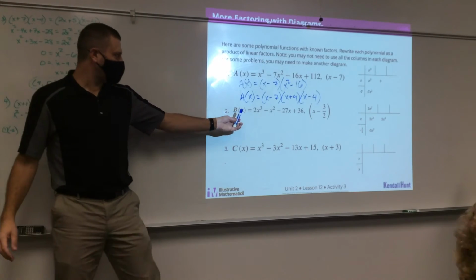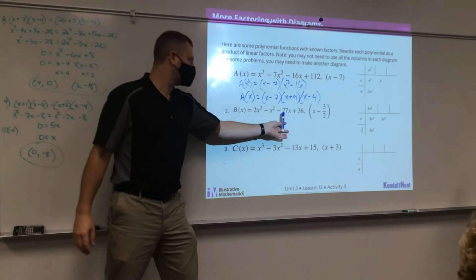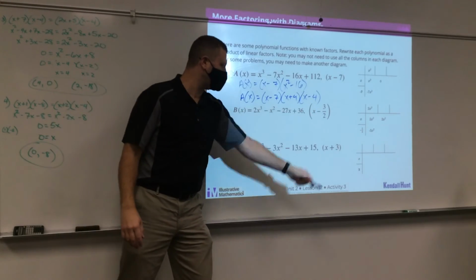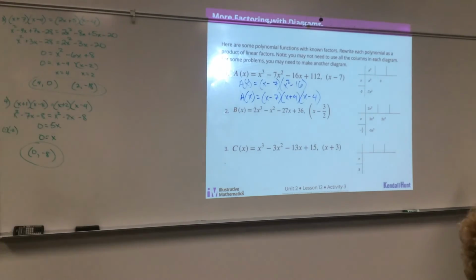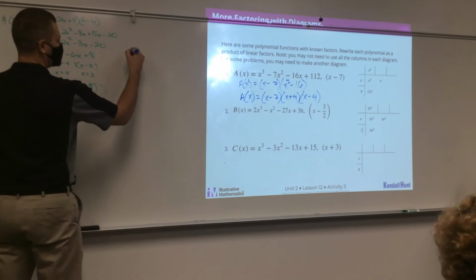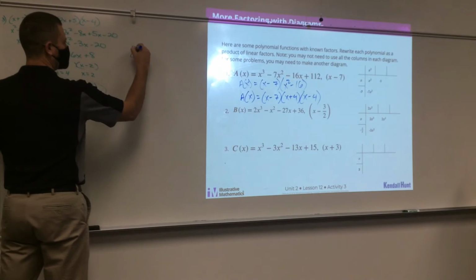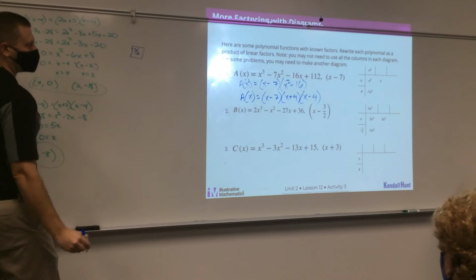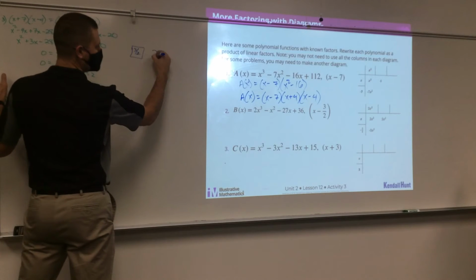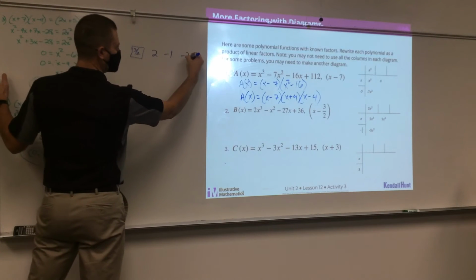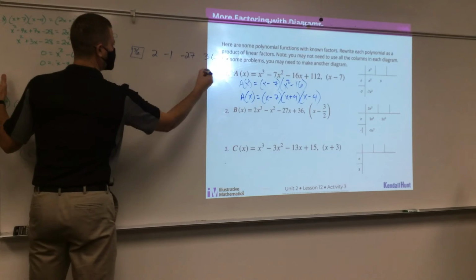B of x equals, it's another cubic polynomial, and they give us one of the factors, x minus 3/2. So I'm going to put 3/2, a positive 3/2, in the box, 2, -1, -27, and 36.